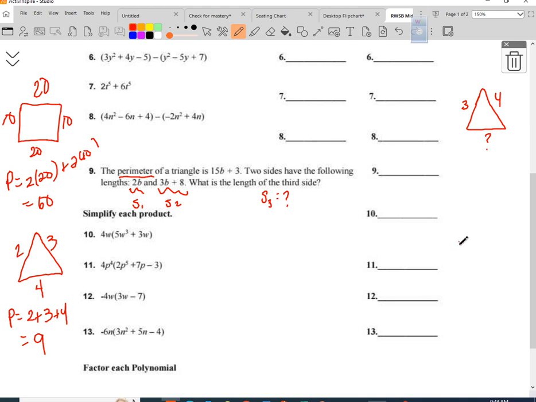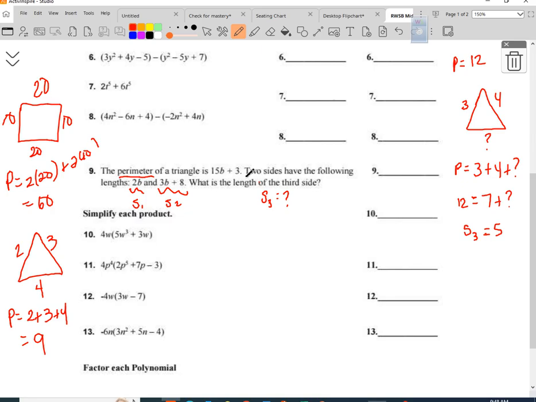If we know the perimeter is 12, how could we find it? Well, the perimeter is going to be 3 plus 4 plus something. So it's 7 plus some number. We can just subtract this 7 from 12, and now we know that the third side would be 5. 12 minus 7 is 5. That make sense, Anson?